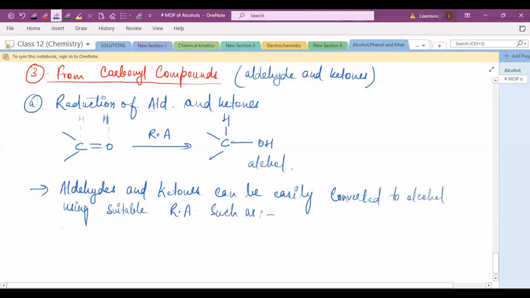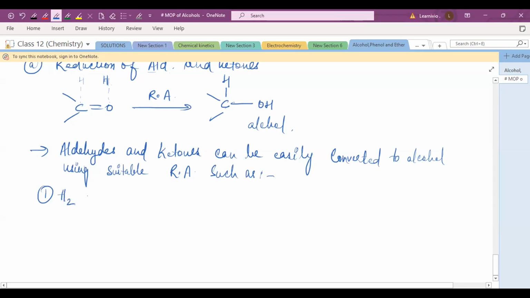You can use H2. H2 in the presence of, either आप use कर सकते हो nickel as a catalyst, palladium as a catalyst, or platinum. Okay, hydrogen H2 with either nickel or palladium or platinum, and this is also known as your catalytic hydrogenation.